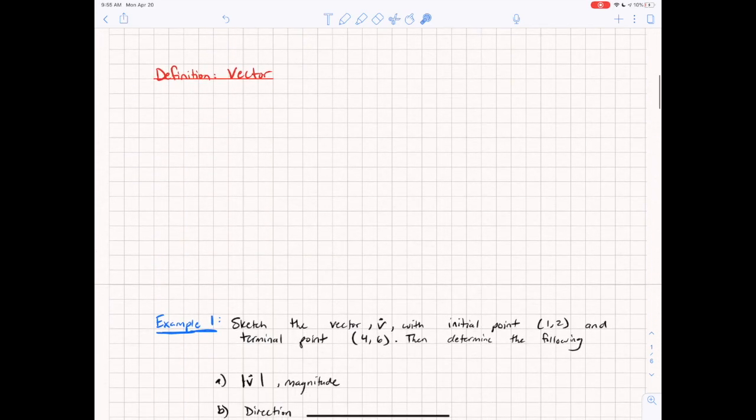And we've got the definition above, but I want to draw a picture and things like that for it. So the way that I'm going to talk about a vector is I'm going to define it as a vector v that has magnitude, which is the length of the vector, and direction.